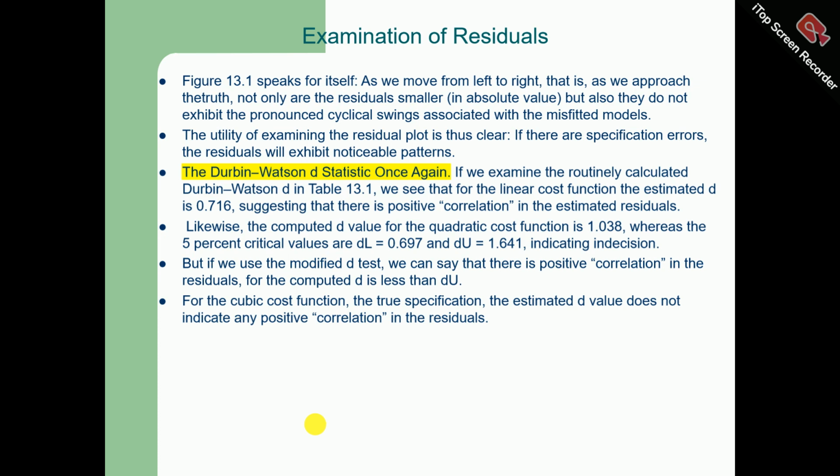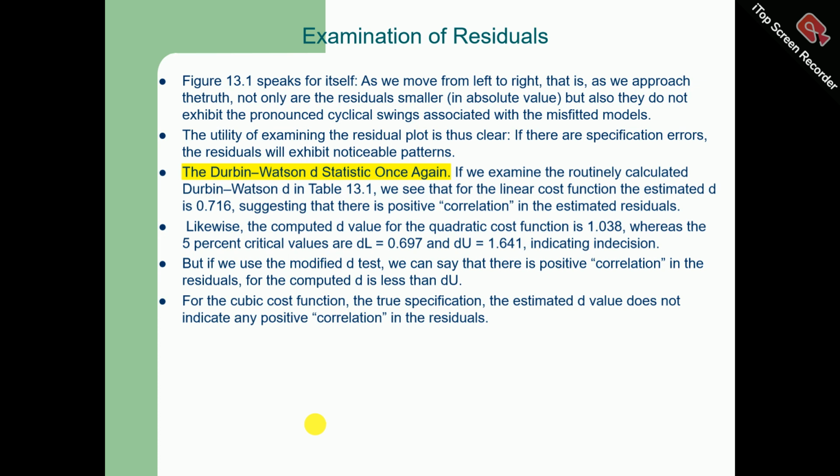Durbin-Watson d-statistic, once again we examine. If we examine the routinely calculated Durbin-Watson d-statistics in Table 13.1 in the book, we see that for the linear cost function, the estimated d is equal to 0.716, which suggests that there is positive correlation in the estimated residuals.